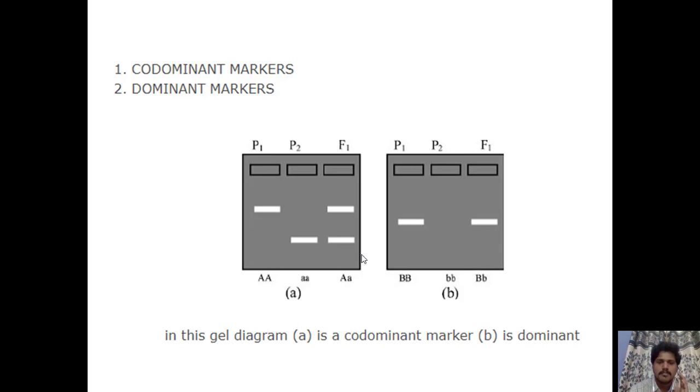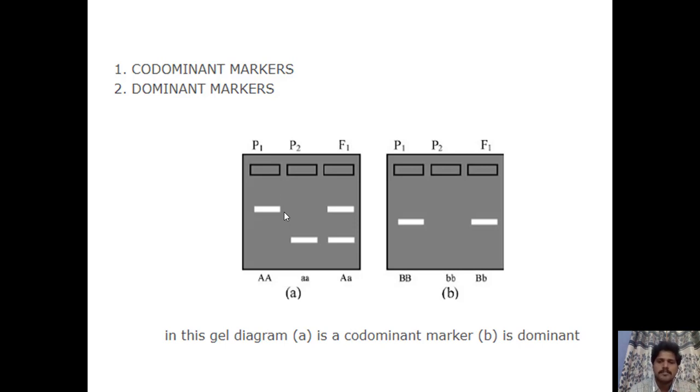In picture number 1, you have parent P1, which is a dominant homozygote, represented by a band here, and the recessive homozygote parent 2 is also represented by another band, and the F1, which is a heterozygote as expected, has 2 bands which correspond to the 2 parents.